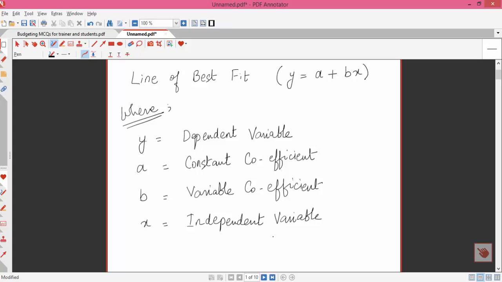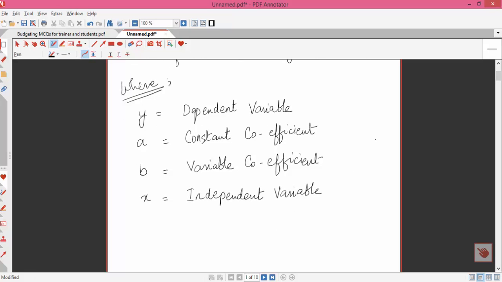So my friends, now A is also called intercept and B is also called slope.